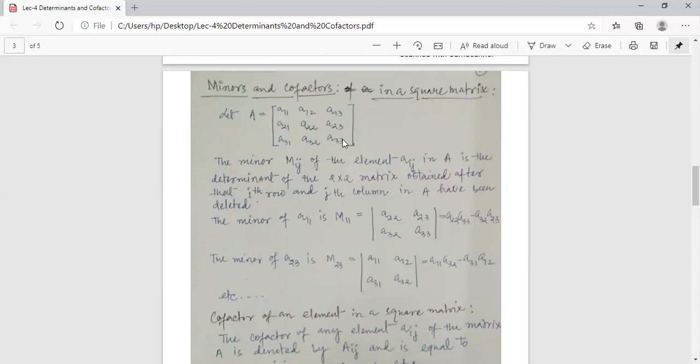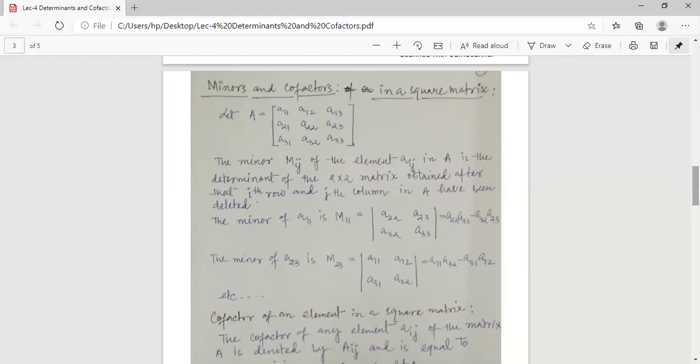To find the determinant value, it will be A11 A33 minus A13 A31. In a similar way, you can find the minor of each and every element of the given matrix A, whatever the number of elements of the matrix may be.